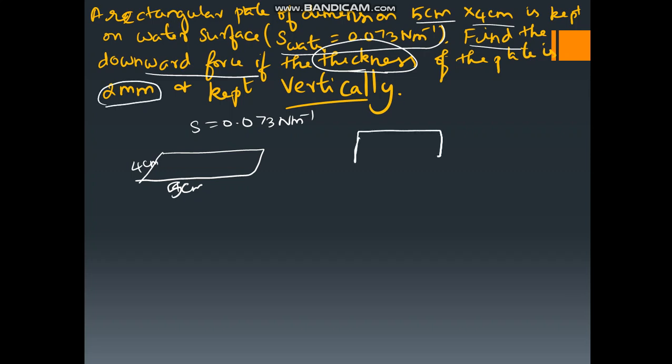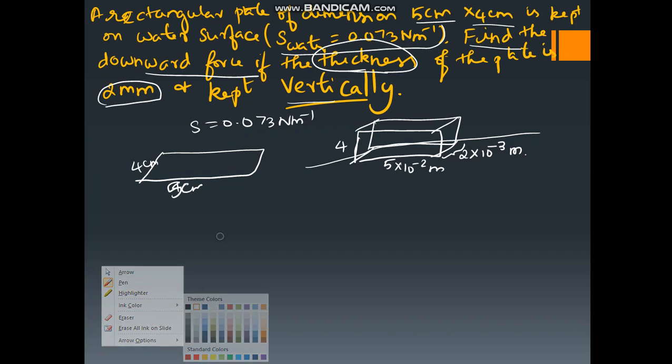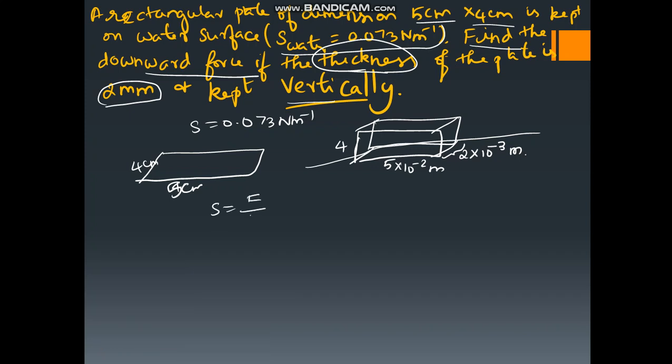So this is a rectangular plate of 5 cm into 4 cm, and there is a thickness, so it is like a cuboid, and this thickness magnitude is 2 mm or 2 into 10 power minus 3 meter. This is 5 into 10 power minus 2 meter. This is kept vertically on the water. Now the formula is surface tension is force by perimeter.